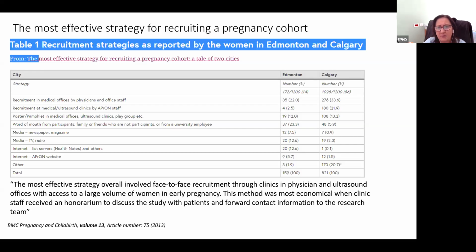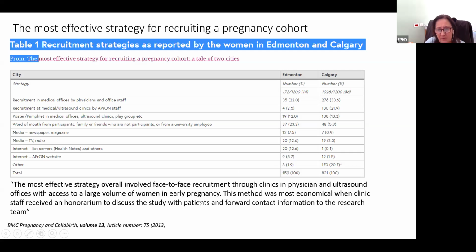The highest percent in Edmonton were recruited from word of mouth and from medical offices. In Calgary, 33% were recruited from medical offices, or people coming to have an ultrasound or something.